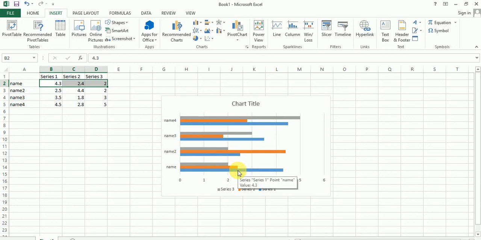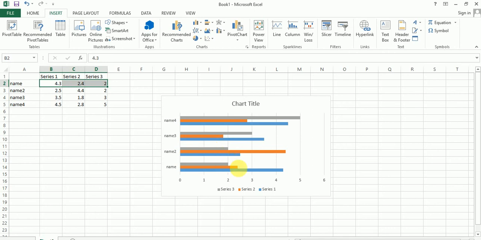Series one, it's called series. The first data series is called series one, series two, series three, and the complete data series is called category. Okay, category. This one we already discussed.